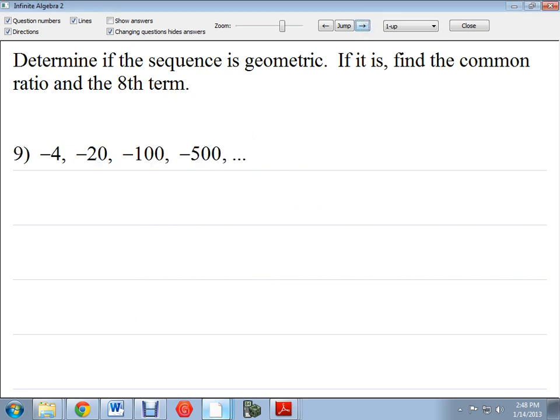You can see that this one is being multiplied by 5 every time, which is a still seemingly small number, but being that it's being multiplied by 5 every time and you got to do it 8 times, the common ratio will be 5, and the 8th term is actually negative 312,500. So it gets very, very large, in this case very, very small, very quickly.